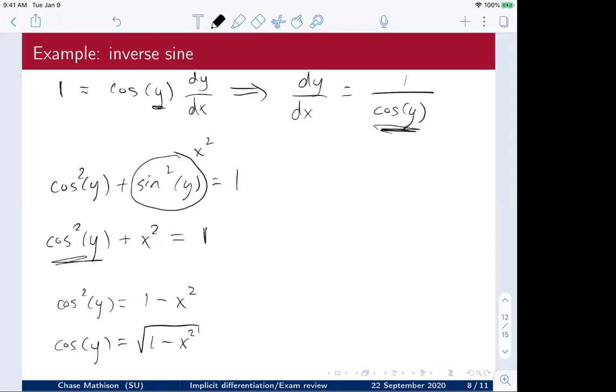And so the derivative of y with respect to x as an explicit function of x is 1 over the square root of 1 minus x squared, just replacing cosine with this. So with finding derivatives of inverse functions, there's a little bit more work involved because we switch to an implicitly defined function of x, but then we need to switch back at the end if we're given an explicit function of x to start with.